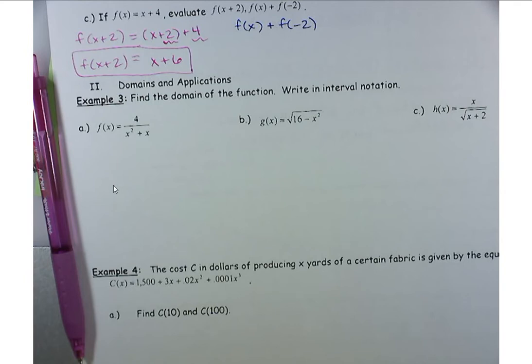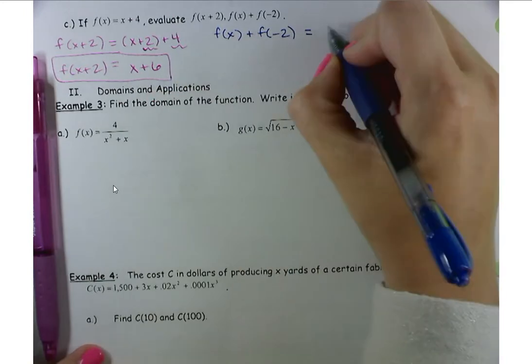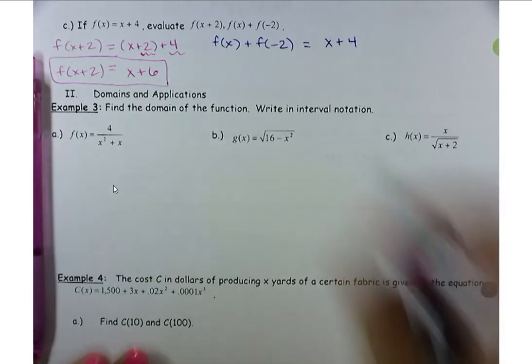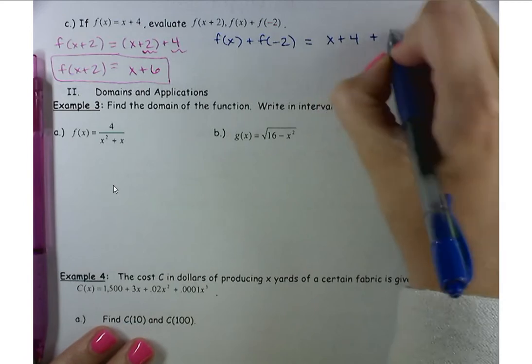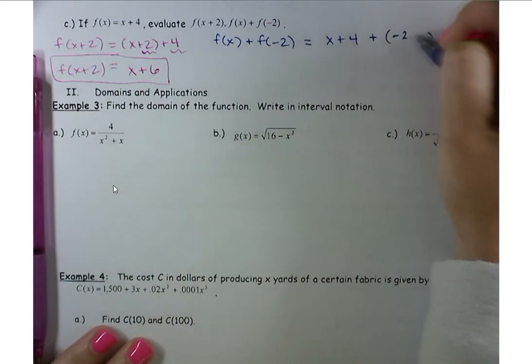And then f of negative 2, I'm going to have to replace x with negative 2. Okay, so I'm going to do 2 different things. So f of x is x plus 4, and this is plus f of negative 2, which would be negative 2 plus 4.